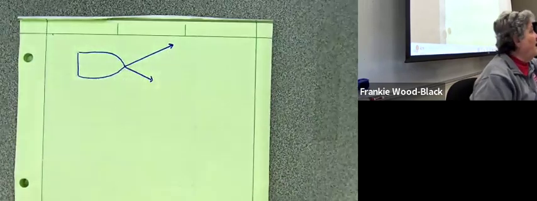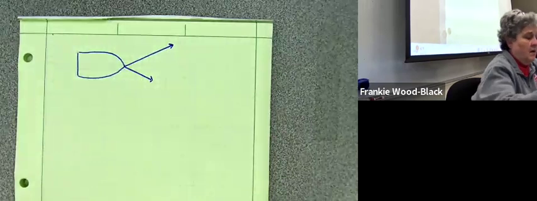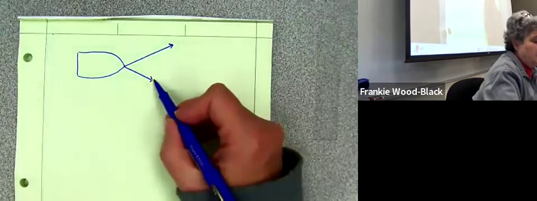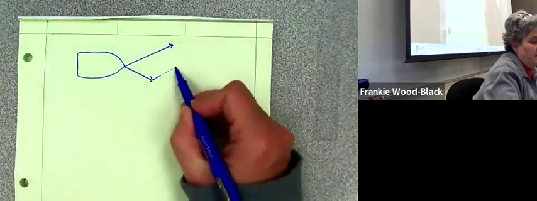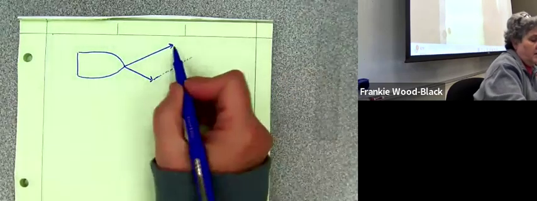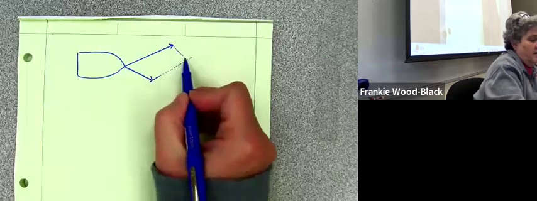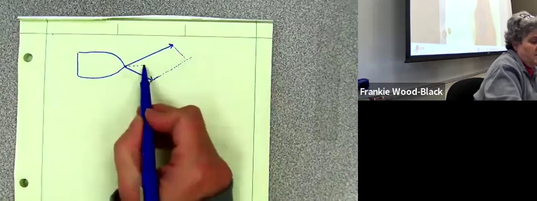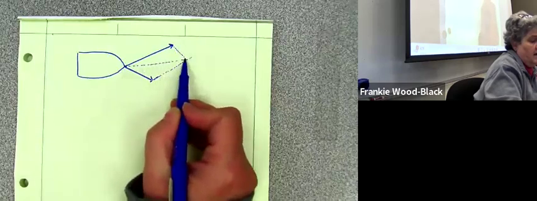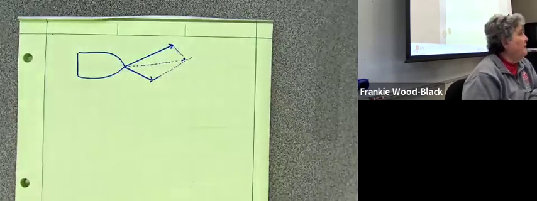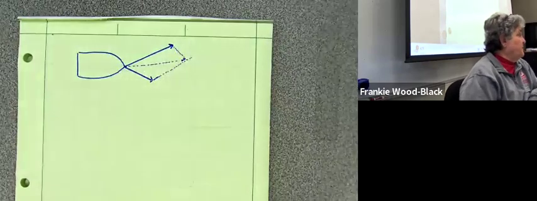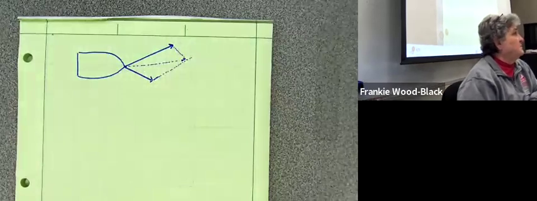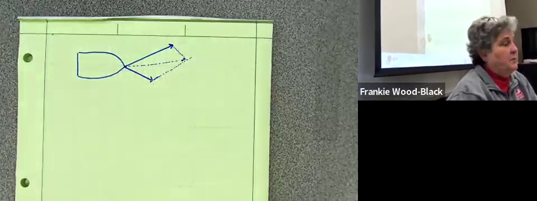And we wanted to find the ultimate direction that the boat went off, right? Okay. Well, this makes it easier. We can go ahead and do my parallelogram here. And we know that my boat is ultimately going to go off in that direction. So it makes things a little simpler.